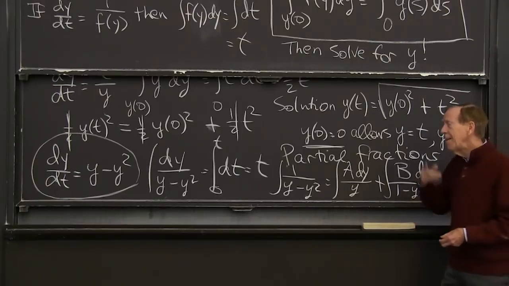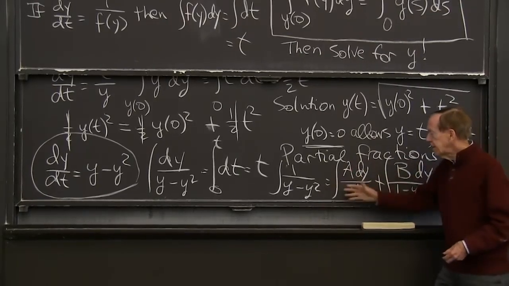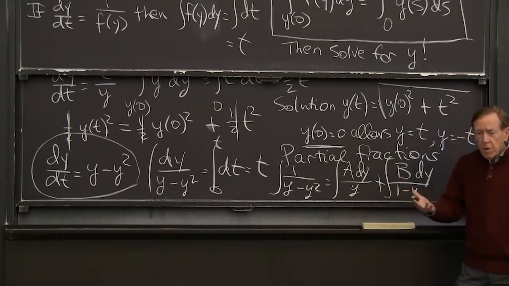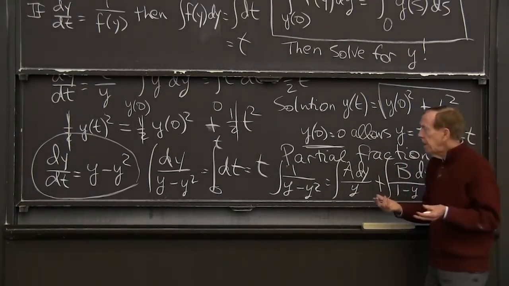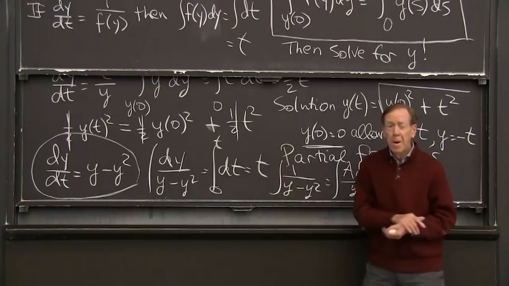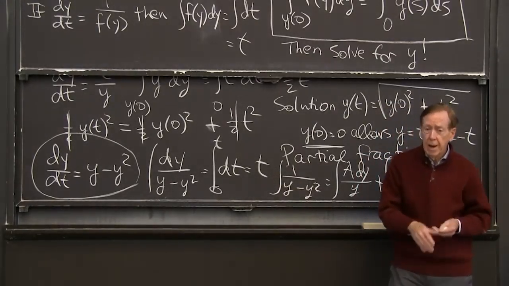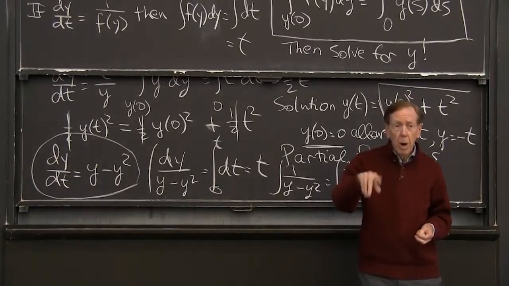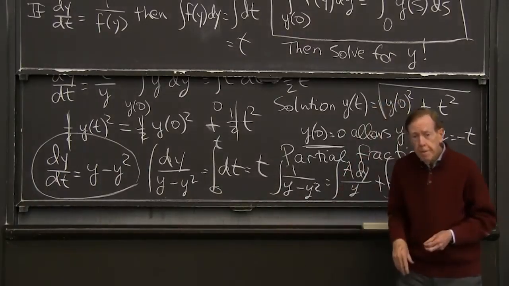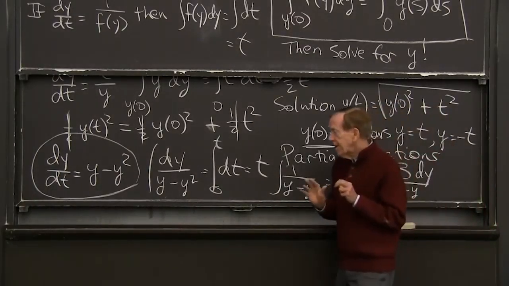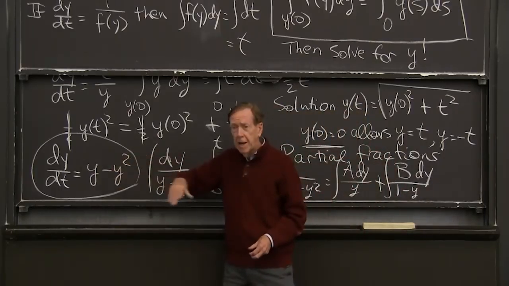And then at the end, this is some integral depending on y equal to t. And to finish the problem perfectly, I would have to solve for y as a function of t. And that was what came out so beautifully by letting 1 over y be z.